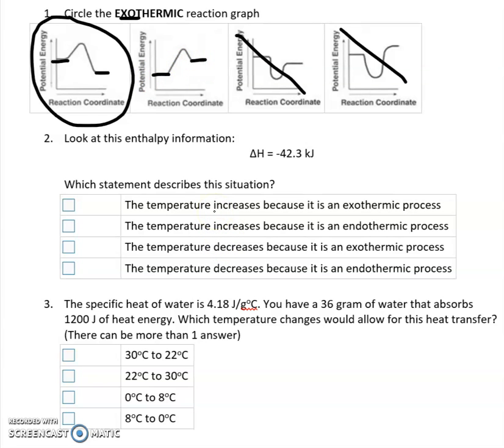All right, number two. Look at this enthalpy information. I see that this is negative, therefore this is exothermic. And now I just have to describe the situation. The temperature increases because it is an exothermic process. Okay, I see that it says exothermic, so I'll keep it in there for now. Temperature increases because it is an endothermic process?